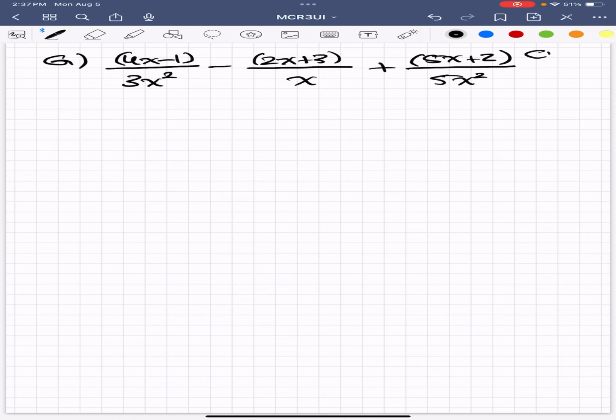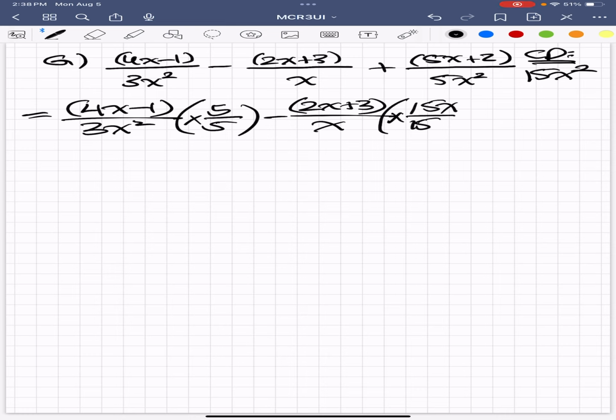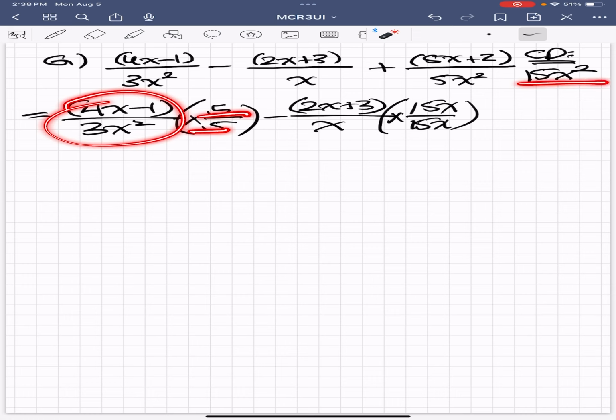So we have our common denominator of 15x to the power of 2. So I multiplied this piece by 5 over 5 to get 15x to the power of 2.